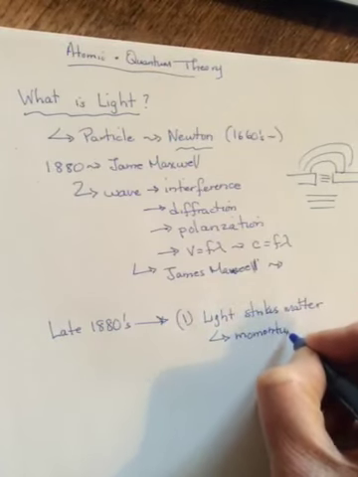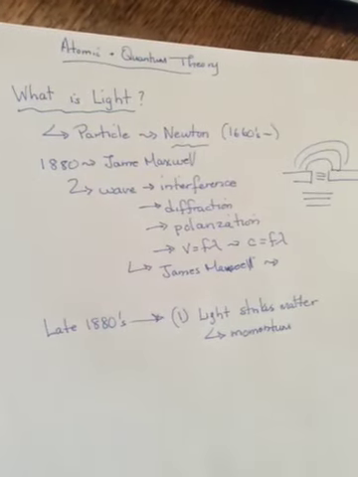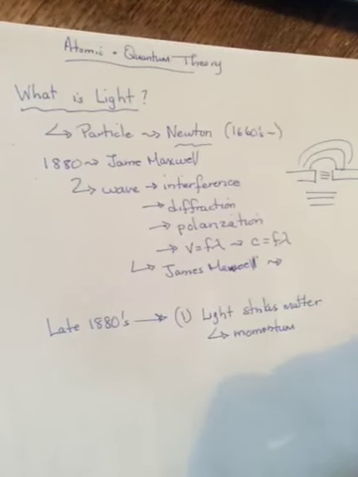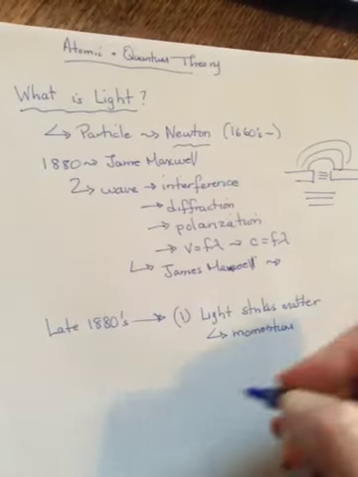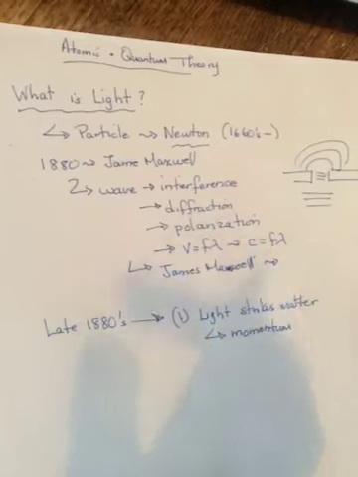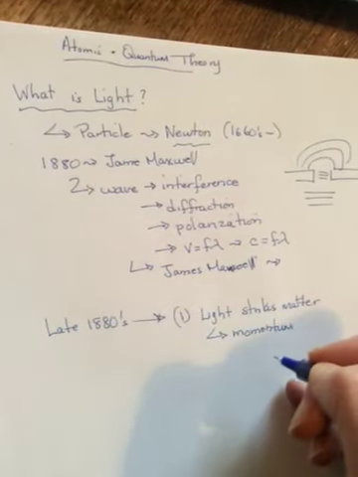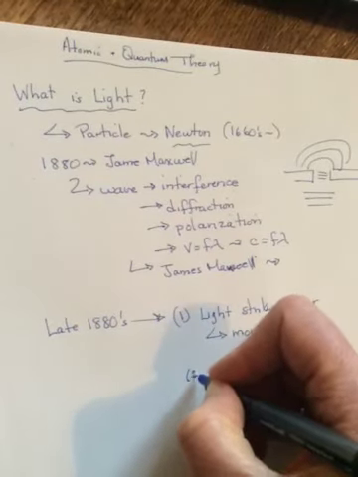When light strikes matter, some of the light's momentum is transferred to the particles of the matter. But if light's a wave, how does it have momentum? Light must be a particle if it has momentum. So the fact that when we shine light on matter, some of the matter's particles picked up momentum as a result, indicated that light must be a particle.